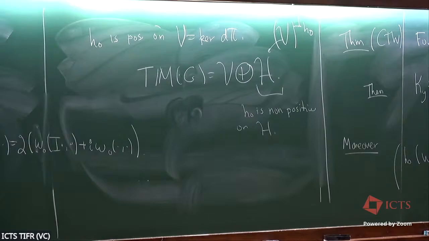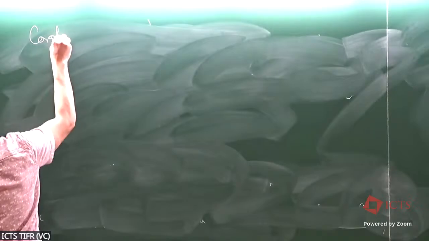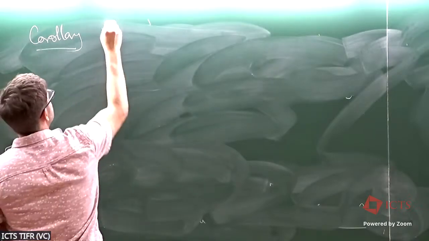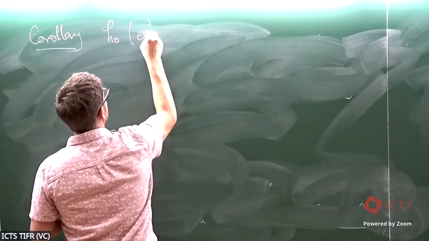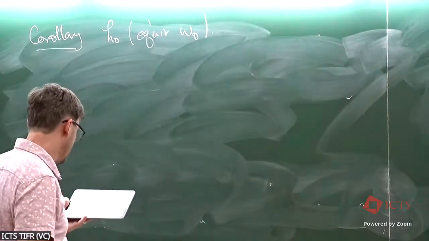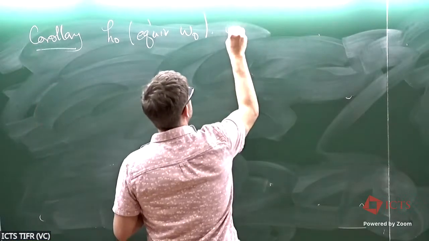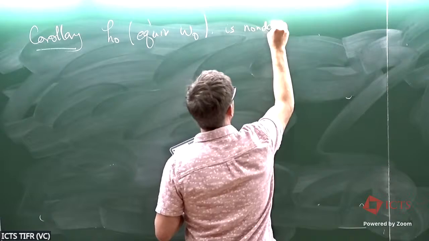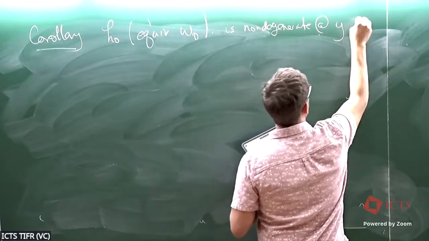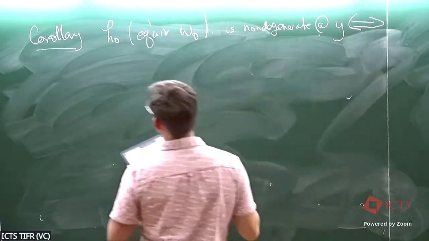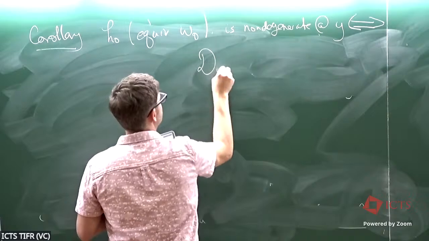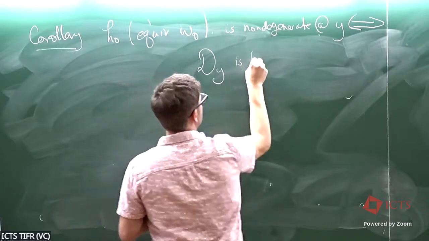Let me just note the following corollary: H naught, or equivalently my closed 1,1 form omega naught, is non-degenerate at Y if and only if this isomonodromic distribution is totally real.